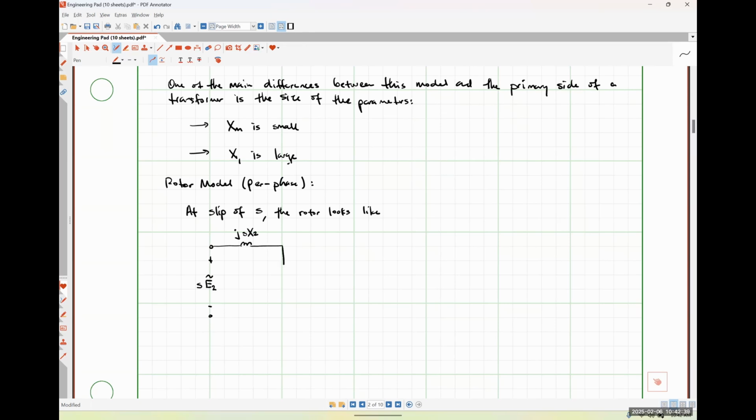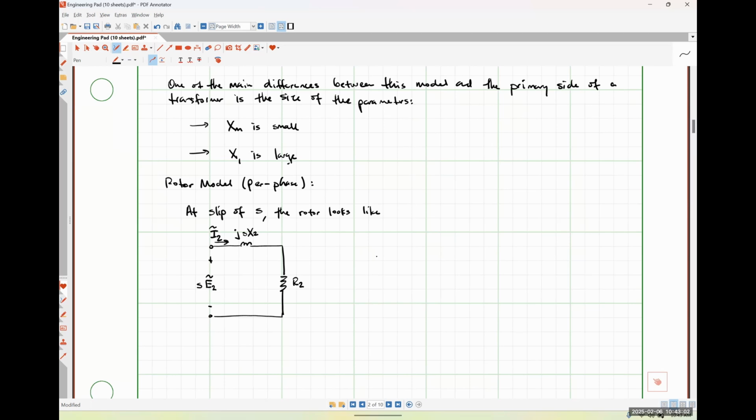And we're going to have a resistance here, R2. This is going to be our current, I2. So this is our secondary current, or essentially the current that's flowing through our rotor windings.